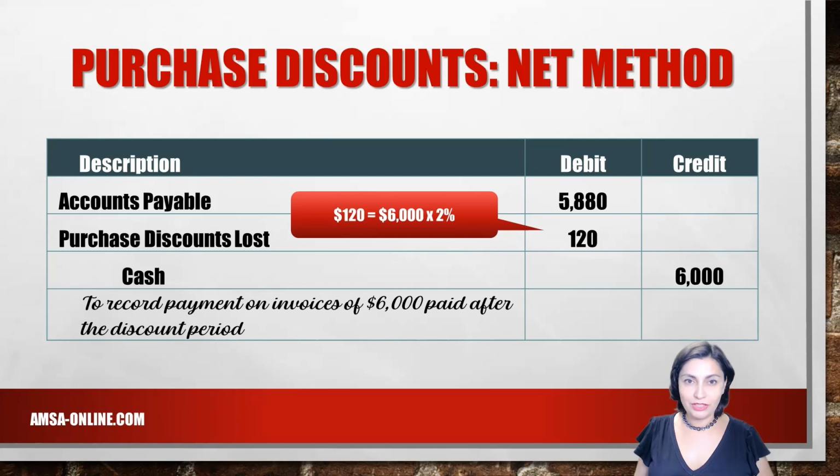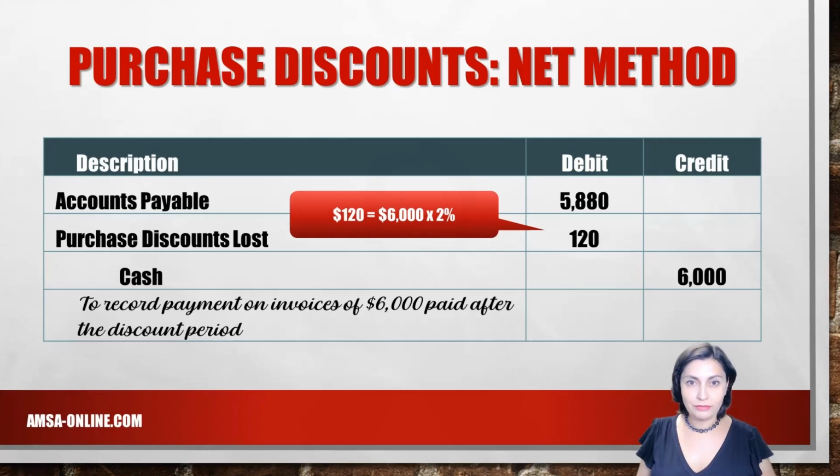This loss is recorded as a debit to the purchase discounts lost account. The debit is for $120, which is $6,000 multiplied by 2%. Cash is decreased or credited for the full amount of the invoice, which is $6,000.